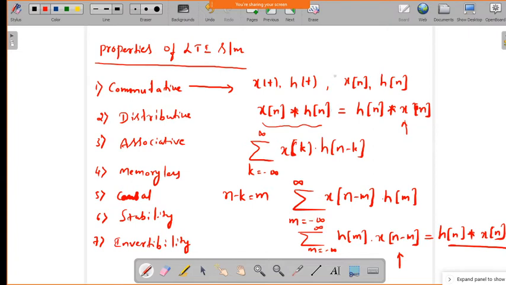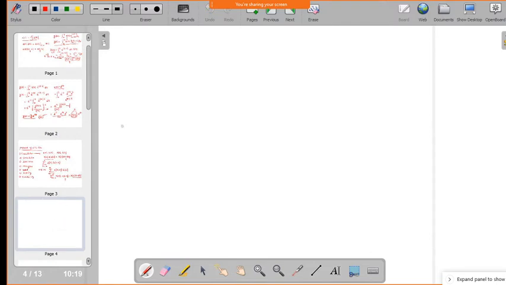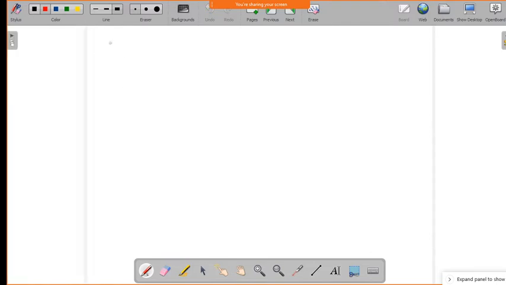Similarly, for the continuous case also, if you take the integral from minus infinity to plus infinity of x of tau into h of t minus tau d tau, this is nothing but x of t convolution h of t.